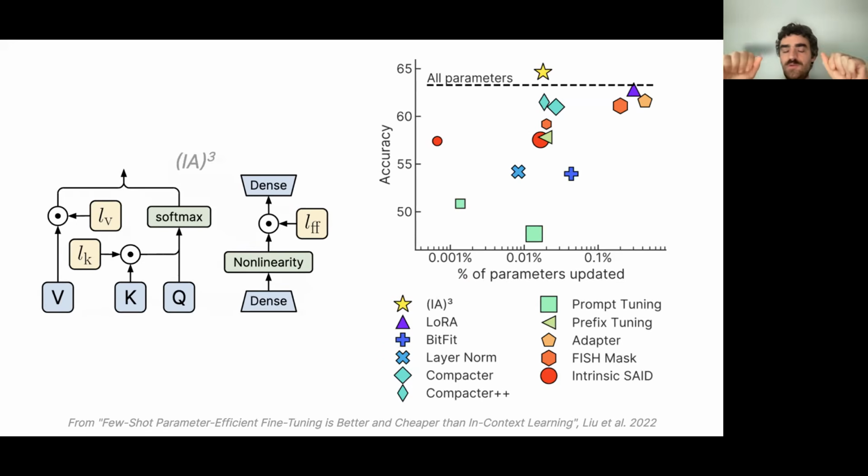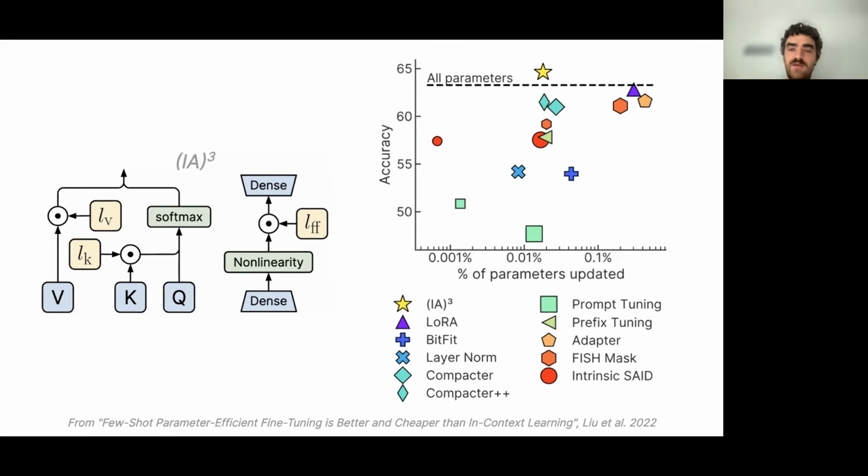I won't go into a lot of detail about the different methods that people use for parameter-efficient fine-tuning, although a bunch of them are listed on the bottom right there. I'll only say that in this paper, we introduced a new parameter-efficient fine-tuning method called IA3 that takes the inner activations in the model in a few different places and introduces a learned vector that's multiplied element-wise by those activations.